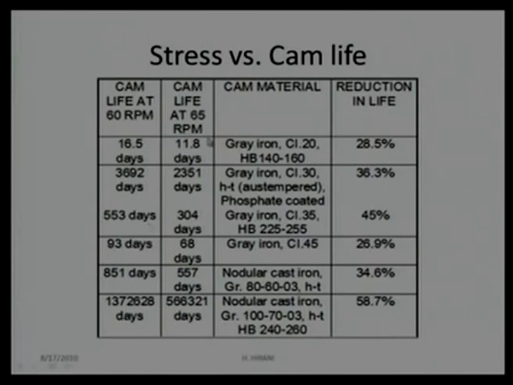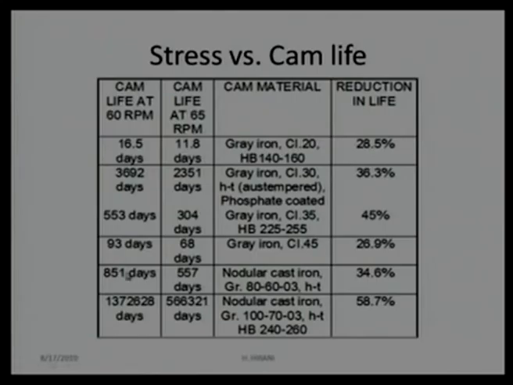That means, we will never recommend increasing the cam follower speed from 60 rpm to 65 rpm. Maybe giving slight advantage from the productivity point of view, but life is compromised severely or loss is much on the higher side.